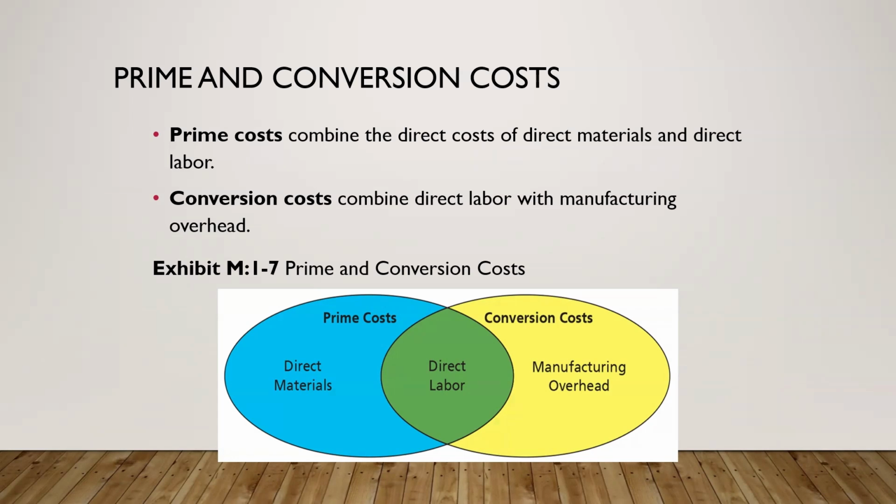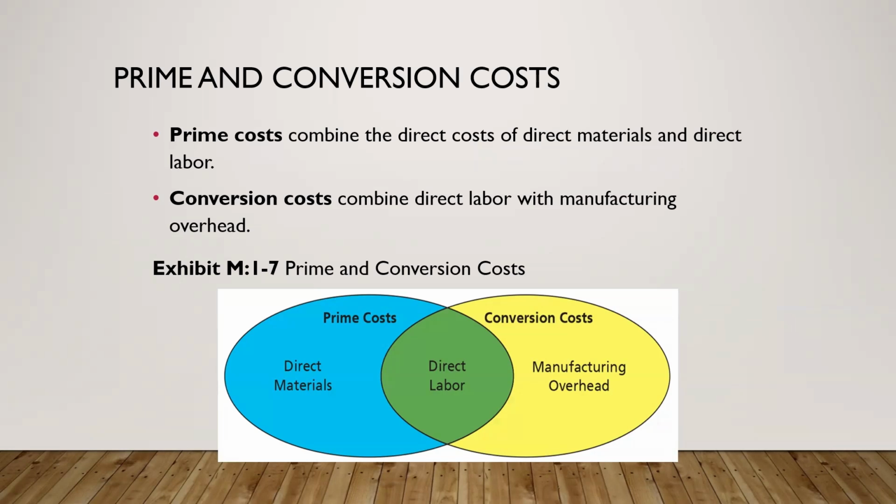Here on the screen, you have a Venn diagram. The Venn diagram is showing you the prime cost region overlapping the conversion cost region, with the resulting areas labeled as prime cost only, which equals direct materials.